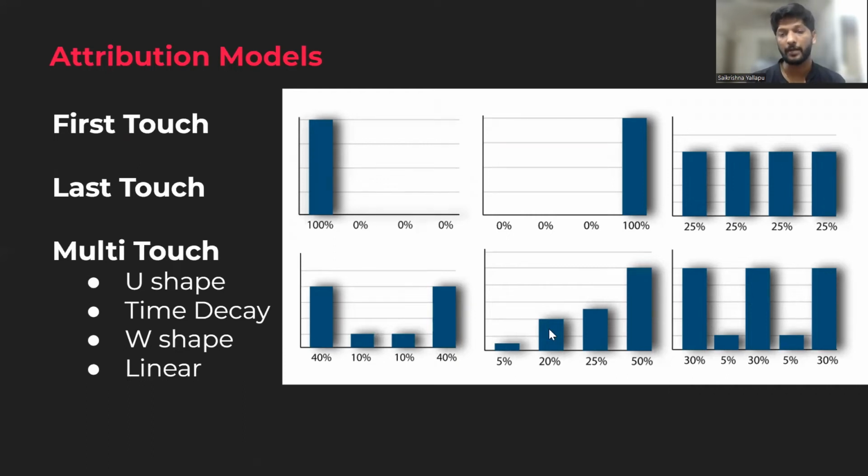When it comes to time decay, it gives more importance to the recent one. Based upon the recency, this time decay attribution model works. And when it comes to the W model, it goes high and low. That's how it happens. And there are a lot of customized attribution models that organizations with a very complicated customer journey build.